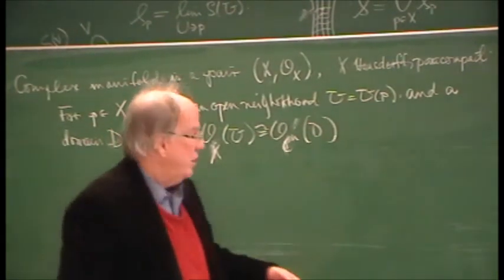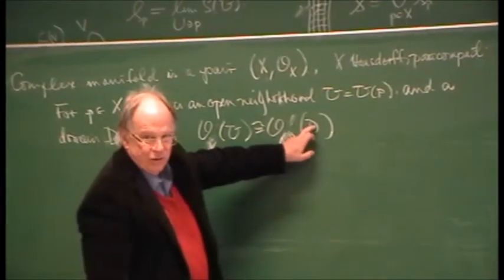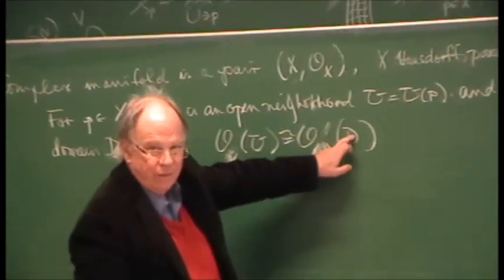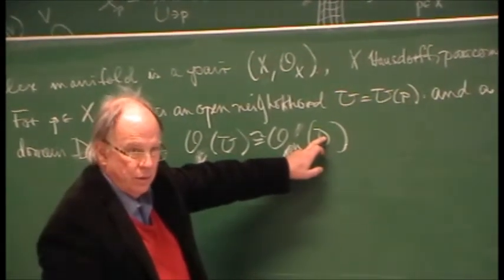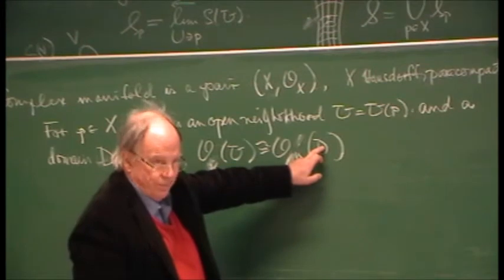You worry, first of all, it says locally, the holomorphic functions are like holomorphic functions on Cn. Professor, which structure does this isomorphism preserve? This is an isomorphism of sheaves. Yeah, but what kind of structure then?